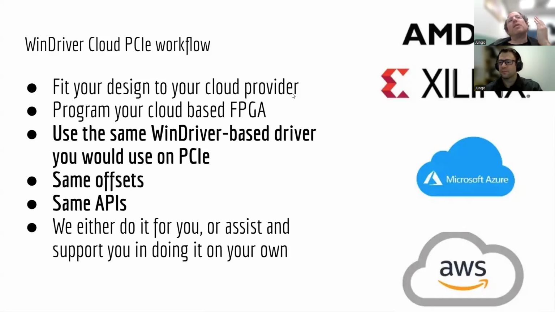So if you want to fit your design to work with Azure, you need to do a certain process, which is not an easy process, and then fit it. But if you want to fit it for AWS, you have to do a whole different kind of process. It's not the same process. And that's a huge headache if you want to switch between clouds, for example.